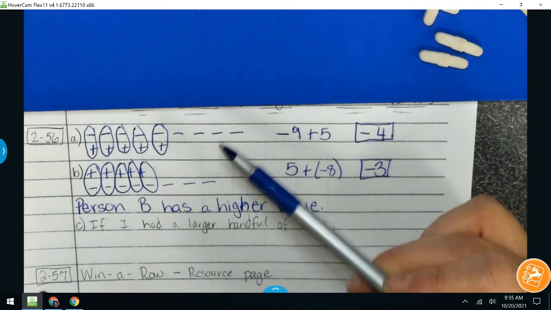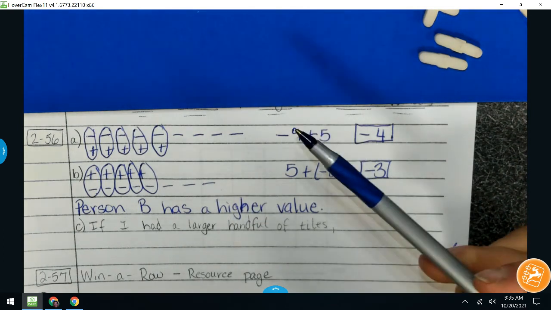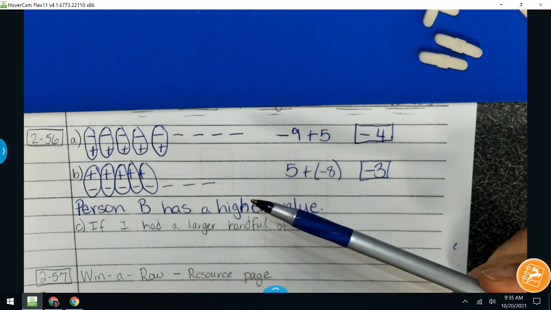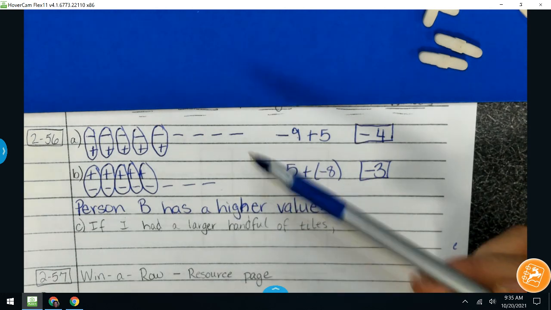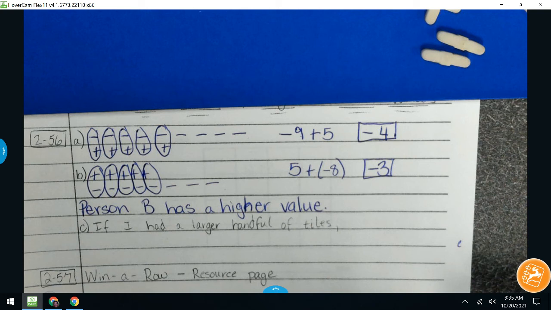In fact, we definitely on both of these had more negatives than we did positive, which is interesting because the whole time I taught this lesson, all 5 classes, I ended up with a positive value. It's interesting that this time I have a negative value, but you just never know.